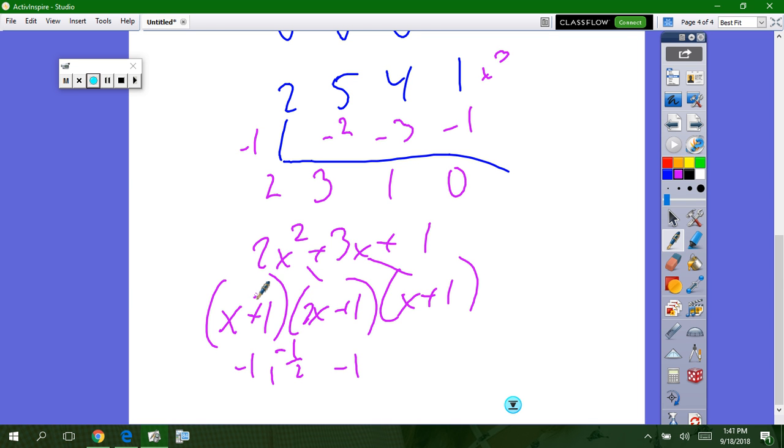Remember, when we do synthetic, this is the value that made him 0, so yes, I got to put him over here. Remember that?